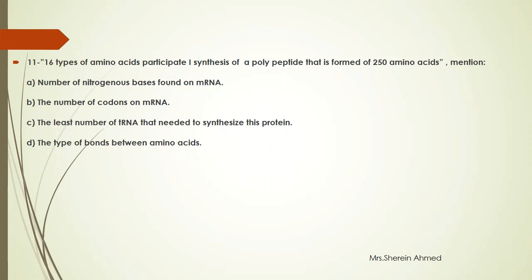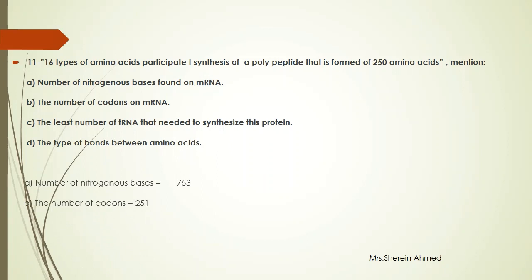The last one: 16 types of amino acids participate in synthesis of a polypeptide that is formed of 250 amino acids. Mention number 1, the number of nitrogenous bases found on messenger RNA. Of course, the number is 753, as we have to multiply 250 times 3. Let's count it together.